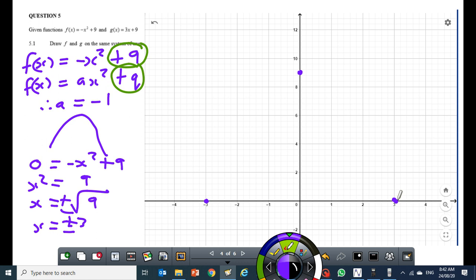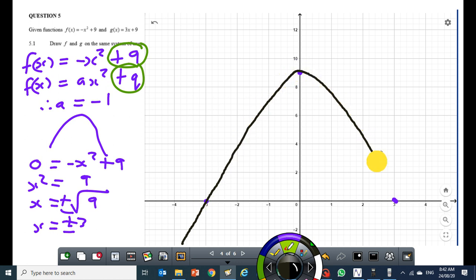I know my y-intercept. Remember, it's a sketch. Please, it's a sketch. It's not a 100% accurate graph. So all we need to know is what's the shape of the graph, what's the y-intercept, and what are the x-intercepts. So I've got that. Then the next thing is for me to use freehand to sketch it. This requires some practice.